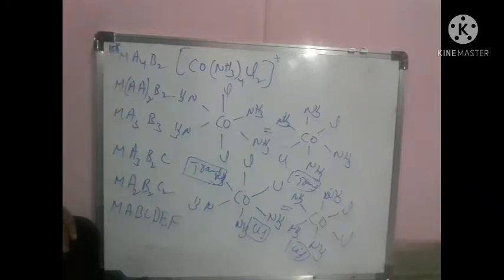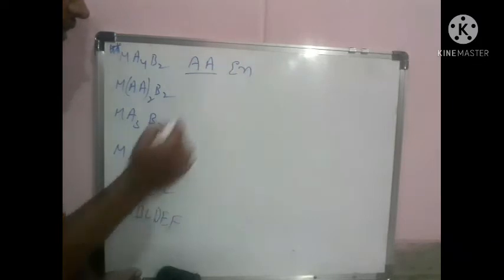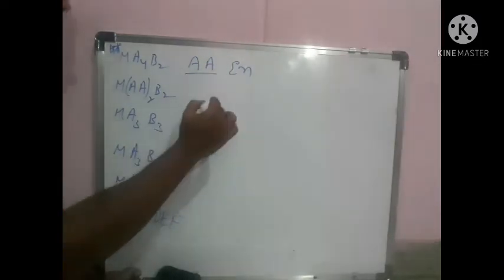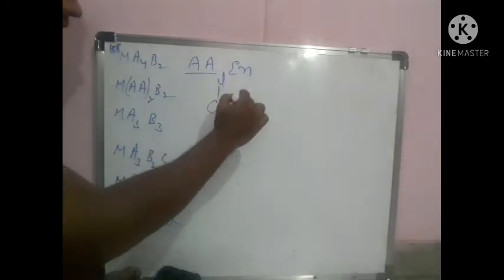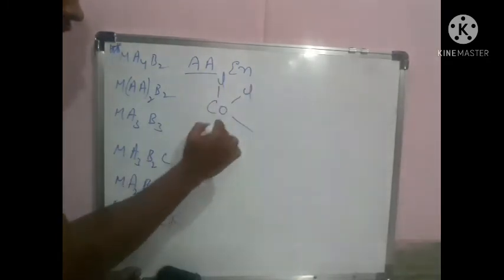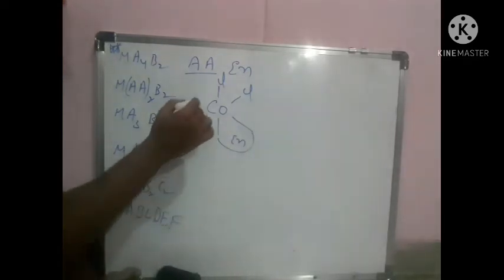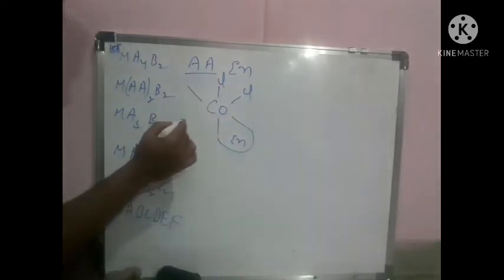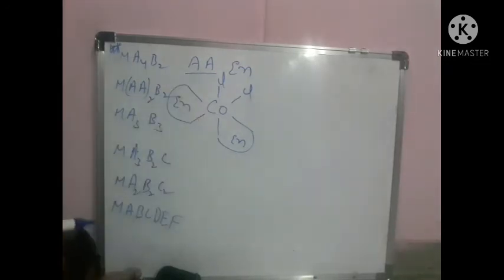Now coming to M(AA) twice and B2. AA is called a symmetrical bidentate ligand, like en, ethylenediamine. Let us take Co with Cl, Cl and ethylenediamine, and here ethylenediamine.